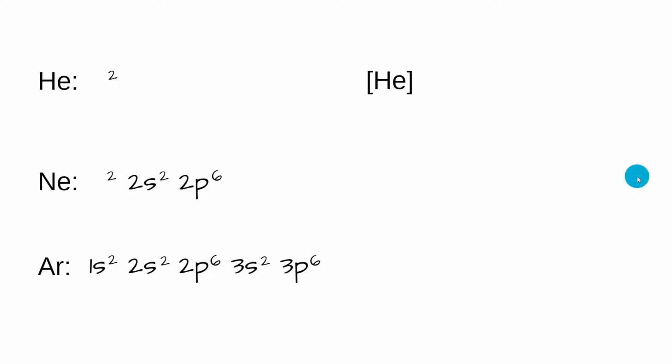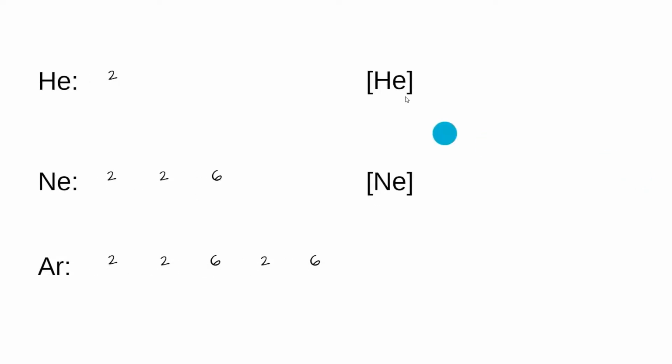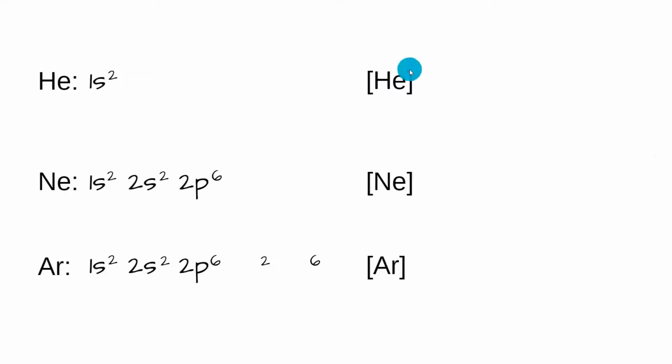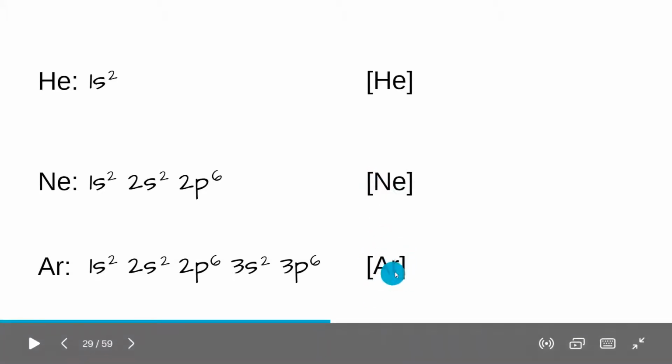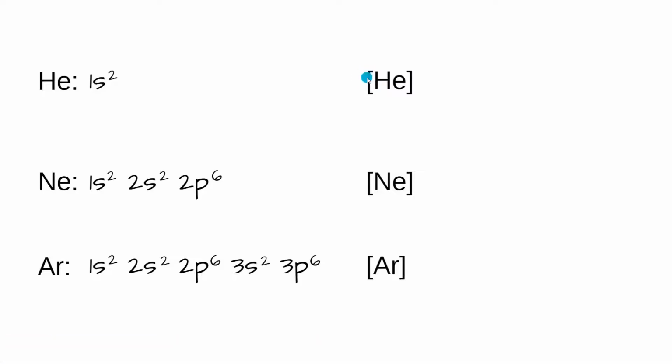And we can use the shortcuts of helium in square brackets, got to be square, neon in square brackets, and argon in square brackets. So when we write helium, square brackets, what we're writing is 1s2, but we're doing it as a shortcut. Not much of a shortcut for helium, but for the others it is.